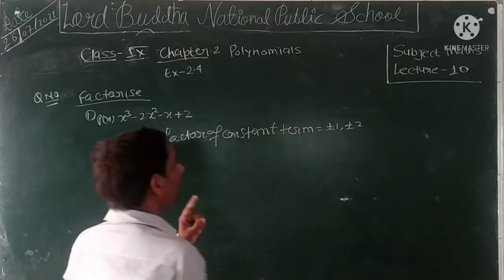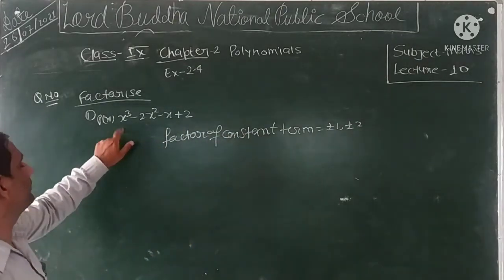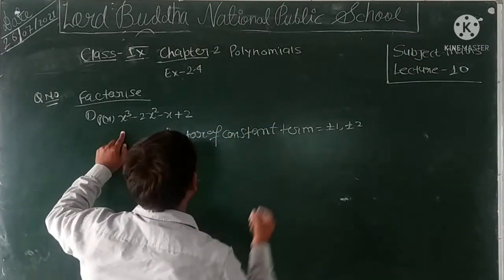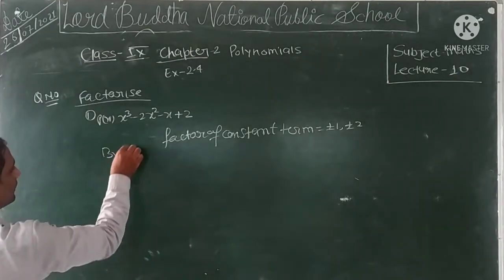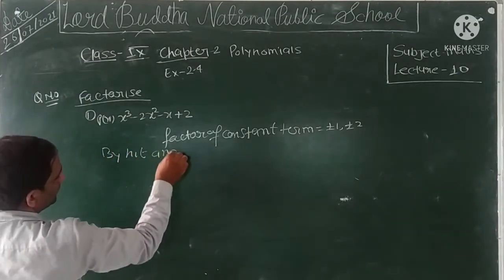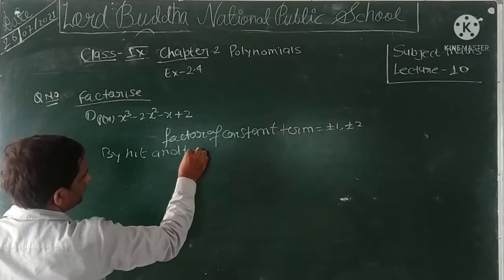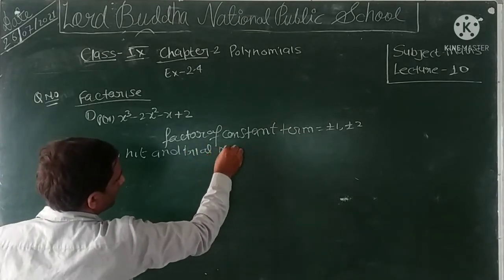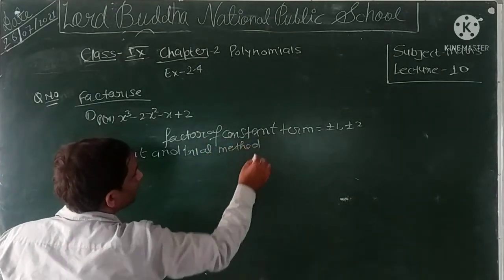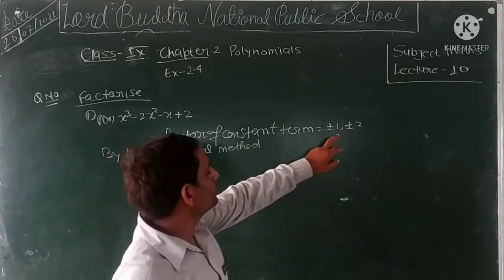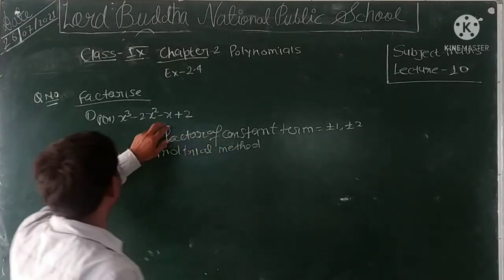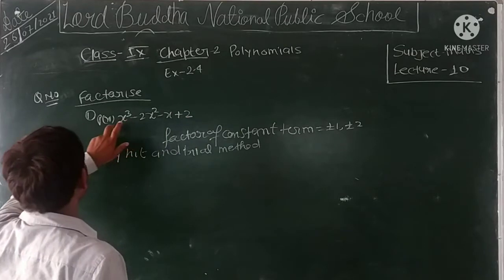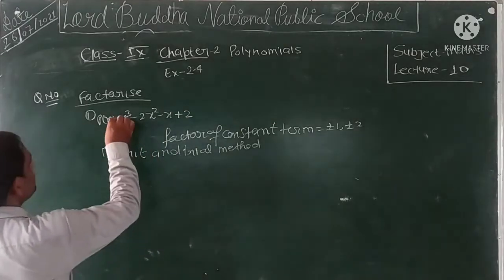First of all we find one factor of this polynomial by hit and trial method. We choose any value such that putting it in this polynomial it becomes 0.